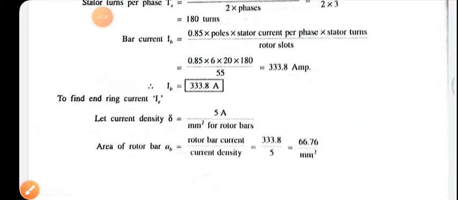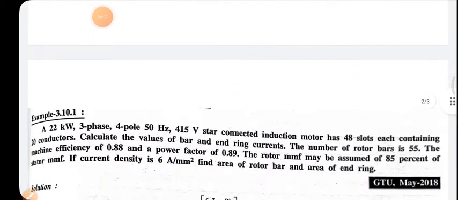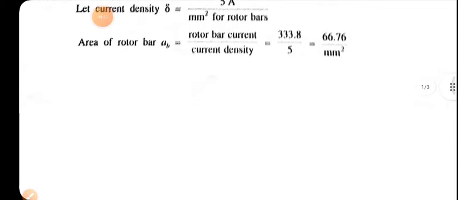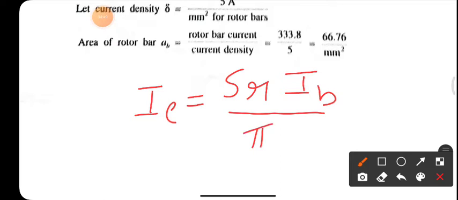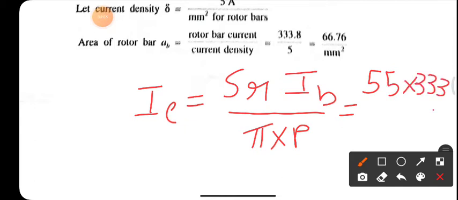Now we have already got the area of the rotor bar. Now we want to find the current in the end ring, that is IE. The current through the end ring is found by the equation IE equals SR, where SR is the number of slots in the rotor, times IB, the bar current we have just found, upon pi times P. When we place the values, the number of rotor slots is 55, IB is 333.8, divided by pi, and the number of poles is 6.